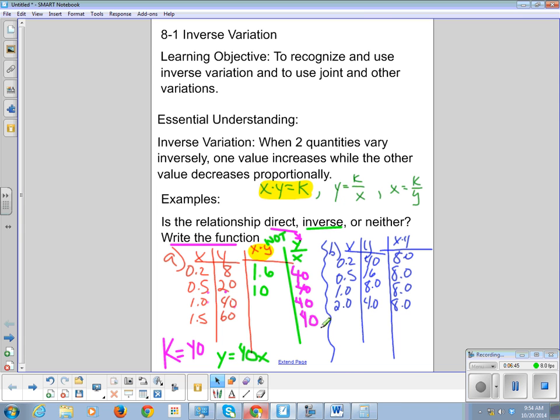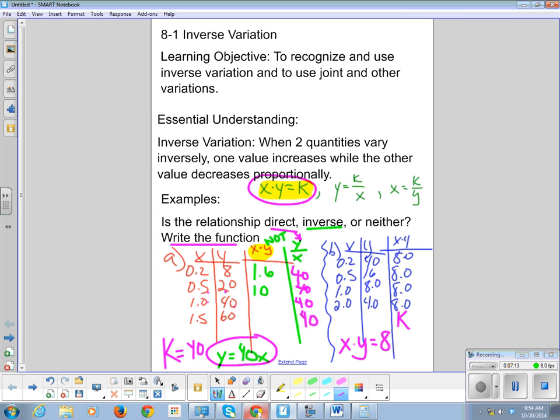Okay, so then we're going to model, and since our k value is 8, we're going to go x times y equals 8. So if it's inverse, we have to use the inverse variation, which is different than the direct.